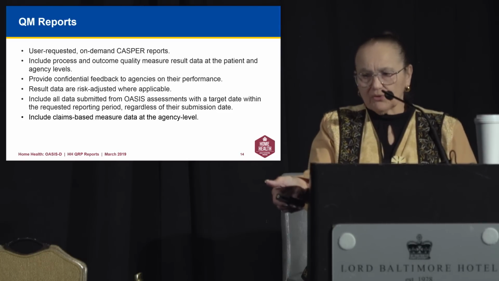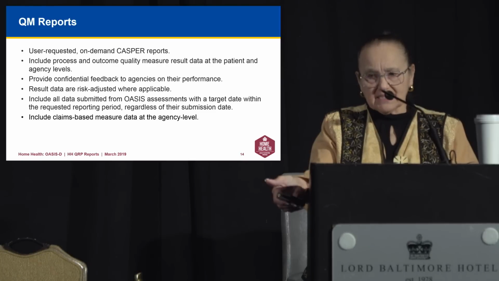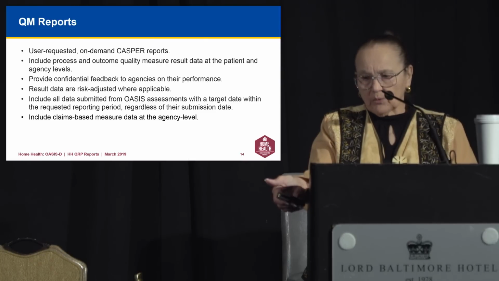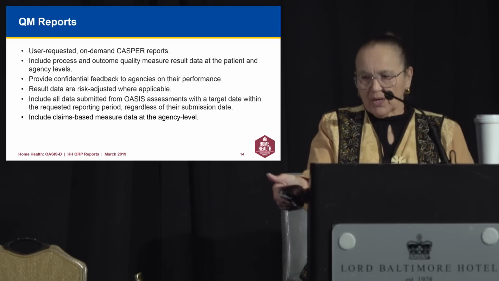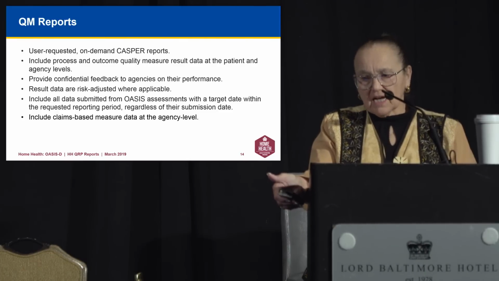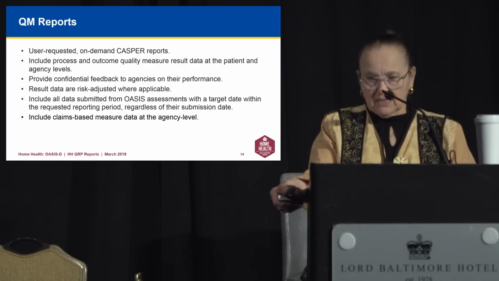This will give you risk-adjusted data where that's applicable, and it will include all the data submitted from OASIS assessments with a target date that falls inside the requested reporting period. The target date is within the period, regardless of the submission date. This does include claims-based measure data at the agency level.